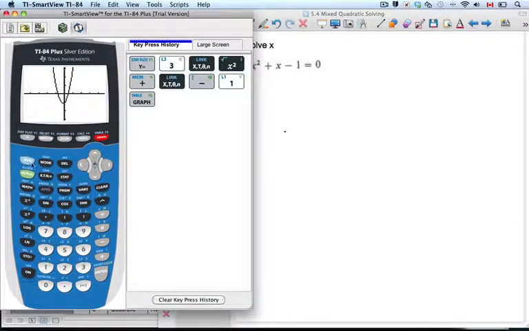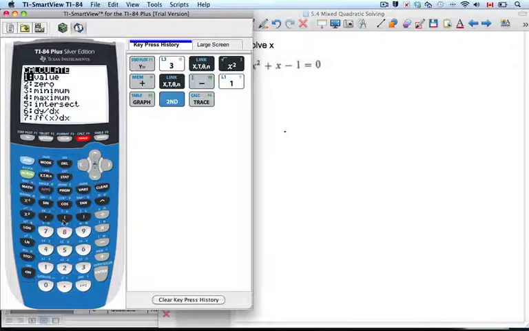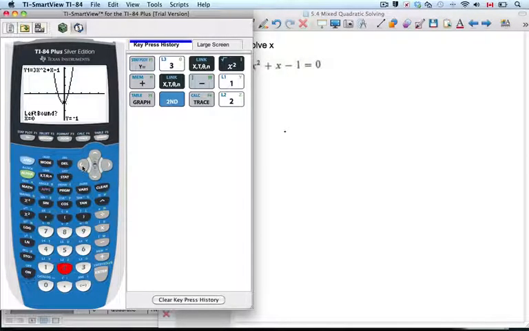So if we go second trace, which is our calculate menu, and we hit number 2, which is zero, now it's asking us for our lower bound. If we find the one on the left first, or the left bound, we can toggle over to the left of that value, hit enter, or we can just hit 0 as well, and that'll bring us over to that spot.